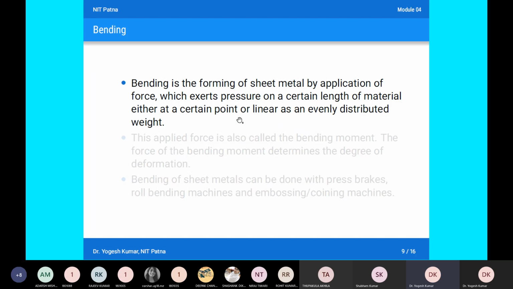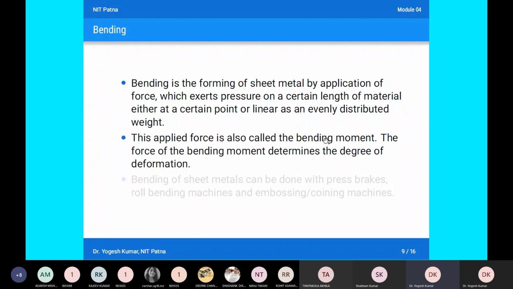Okay, so under bending, bending is the forming of sheet metal by the application of force which exerts pressure on a certain length of material, either at a certain point or as a linear, evenly distributed load. As soon as we apply forces on a certain portion of the sheet, some bending moment is generated, and this applied force is sometimes also called the bending moment.